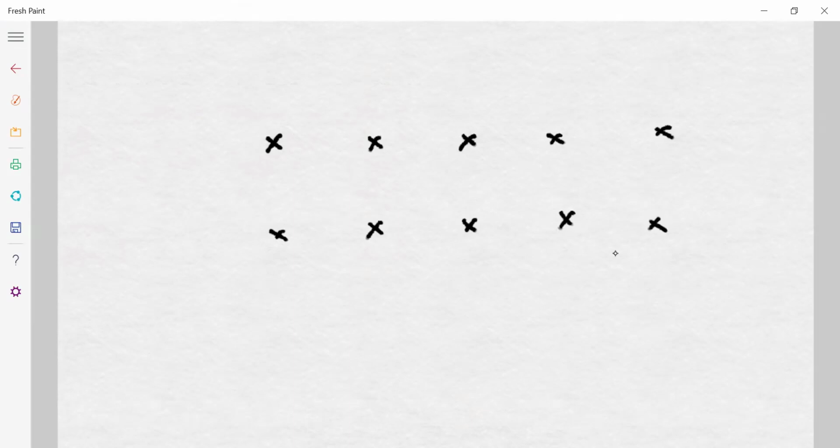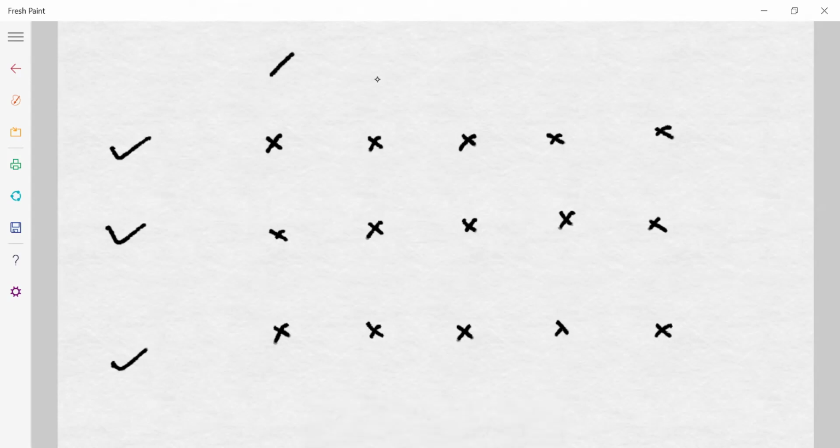So 3 rows and 5 columns, if I just draw like this. So 3 rows, 1, 2, and 3 rows. Okay, and 5 columns, 1, 2, 3, 4, and 5 columns.